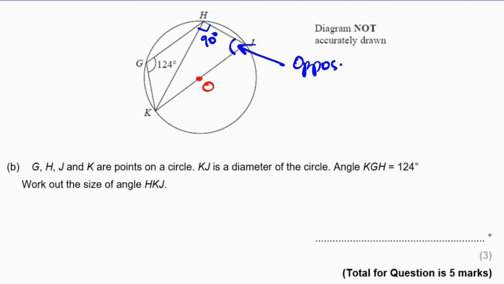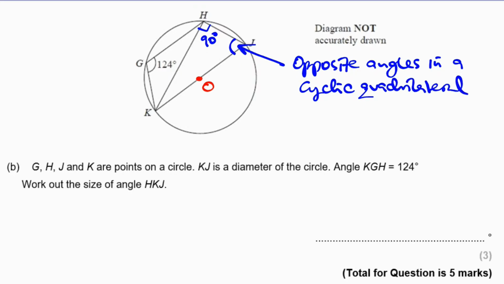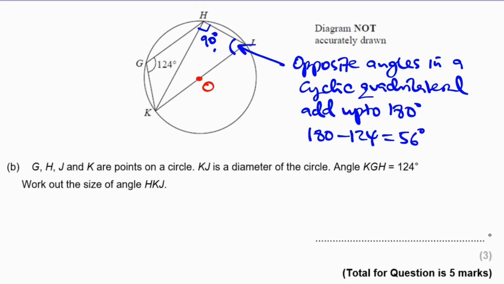So this angle here will be equal to 180 minus 124, and that will be equal to 56 degrees.